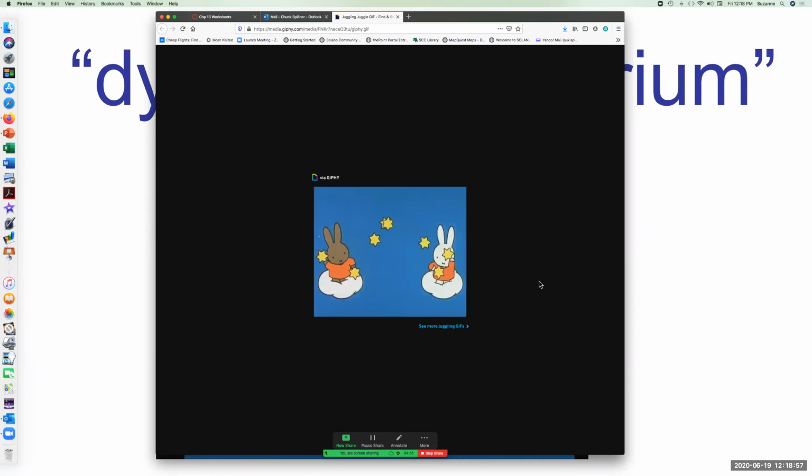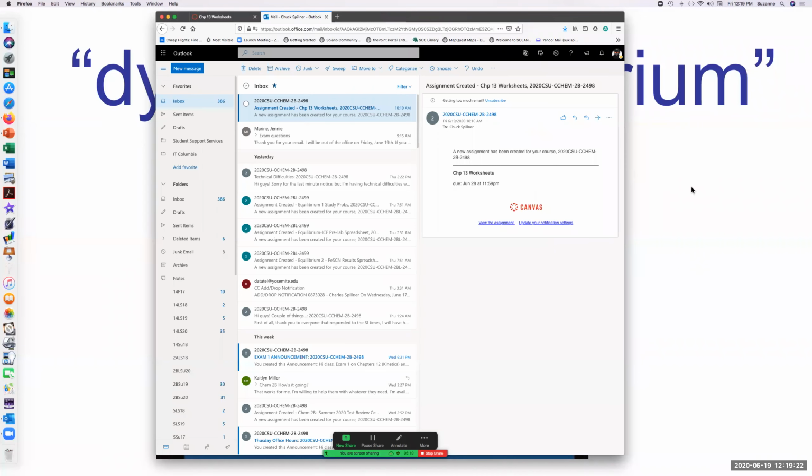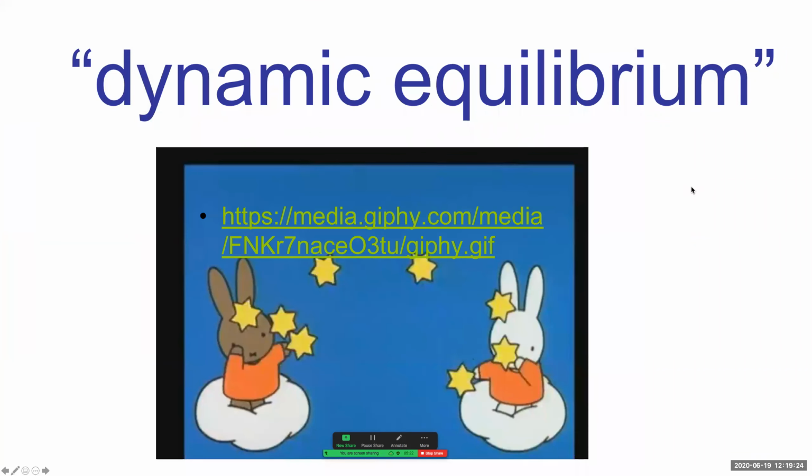When a system is in chemical equilibrium, we call it a steady state. It's steady because the concentrations of the reactants and the products are not changing. These 2 jugglers have to be juggling at the same rate to maintain this steady state. So enough of that. Let's go back to our slideshow.